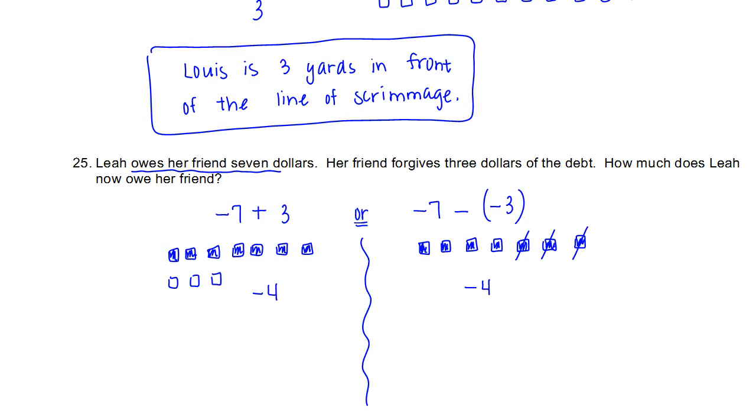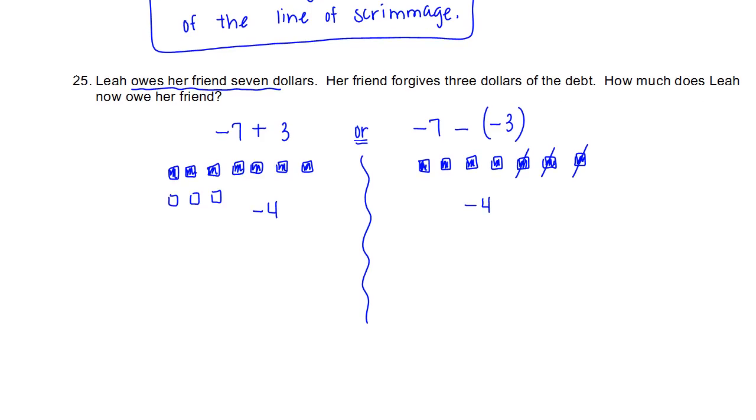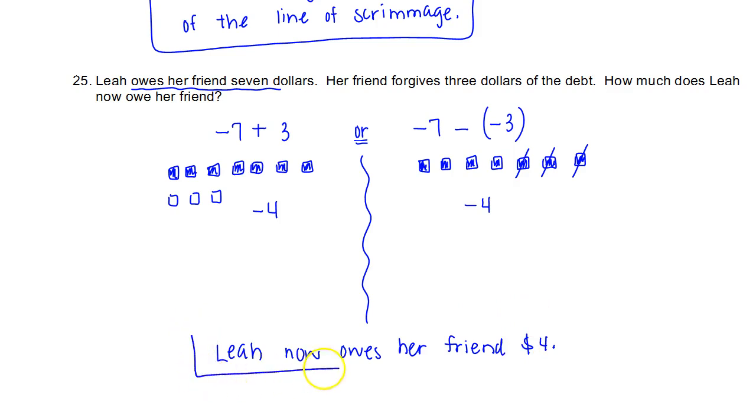So Leah owes $4 still, regardless of how we write the expression or show the model. So in context, we'll say Leah now owes her friend $4. And no need for a negative sign on our answer because we've used the word owes, and that takes care of it.